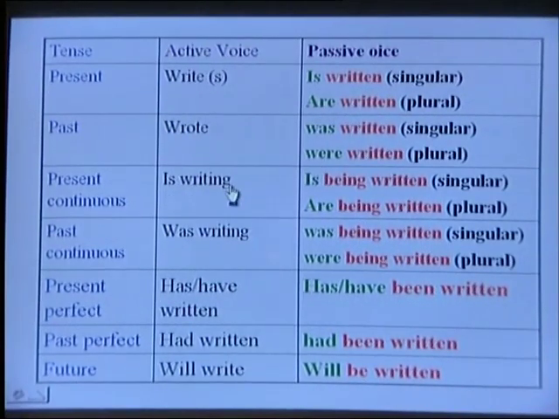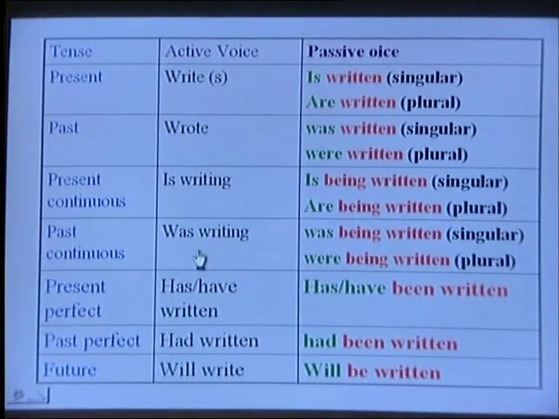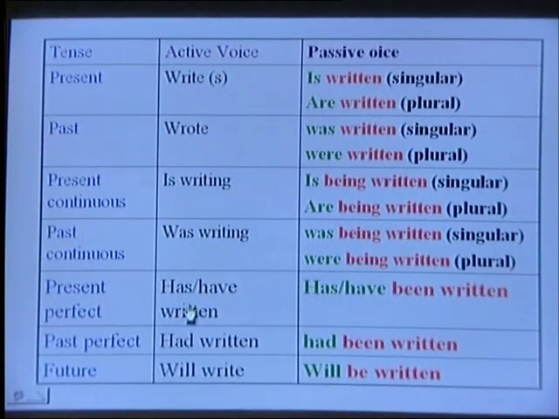Is writing, present continuous form, becomes is being written when the subject is singular, are being written if the subject is plural. Was writing, past continuous form, becomes was being written if the subject is singular and were being written if the subject is plural. Has or have written, perfect tense, becomes have been written.